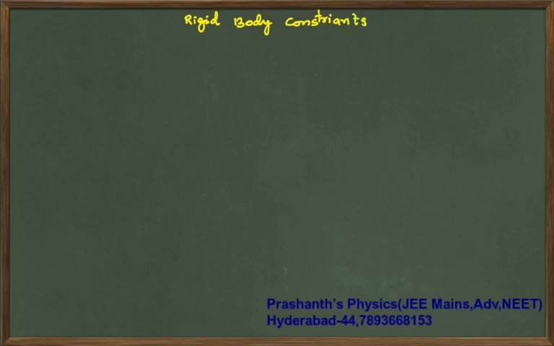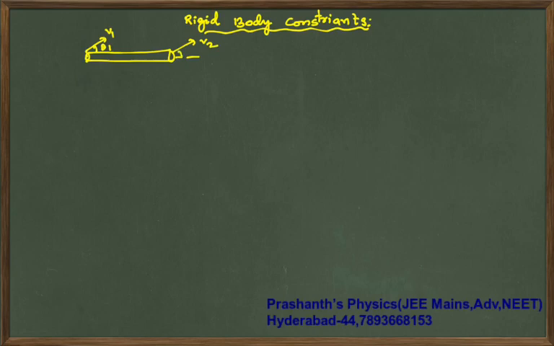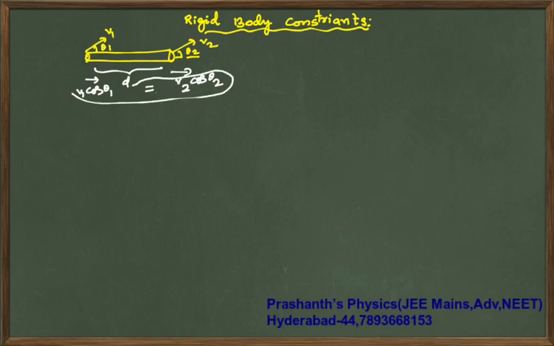If you have a big rigid body like this, where V1 is the velocity here, theta 1 is the angle here, V2 is the velocity of this end, and theta 2 is the angle here, for this distance to be constant, obviously your velocity components along this should be equal. So your V1 cos theta 1 should be equal to V2 cos theta 2. These two are supposed to be equal.